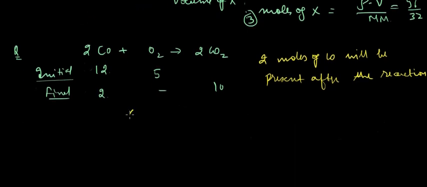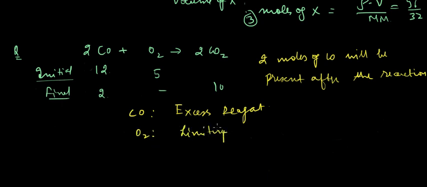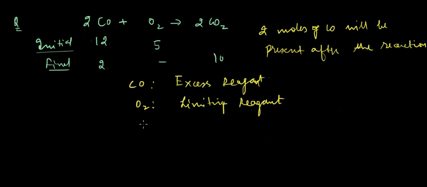In simple terms, we can say that CO is the excess reagent and O2 is the limiting reagent. Next, let's see this example. We have N2 plus H2 gives NH3.